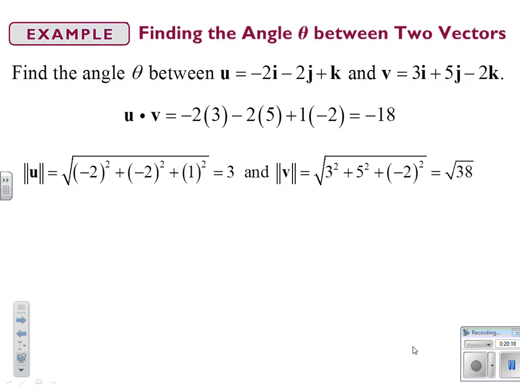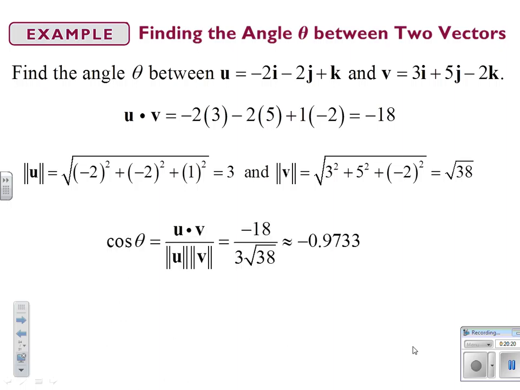And now let's put it together into our formula. Cosine theta equals the dot product of u and v divided by the product of our magnitudes. So that's negative 18 divided by 3 times root 38. If we write the approximation, which we can write, but I would not recommend using the rounded value when you're finding theta, we get negative 0.9733.